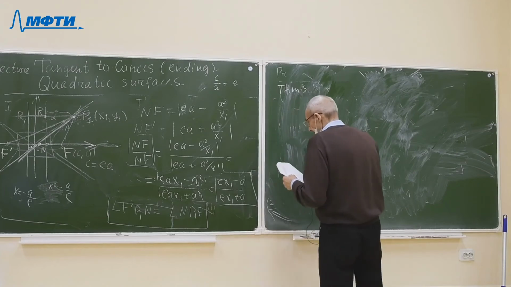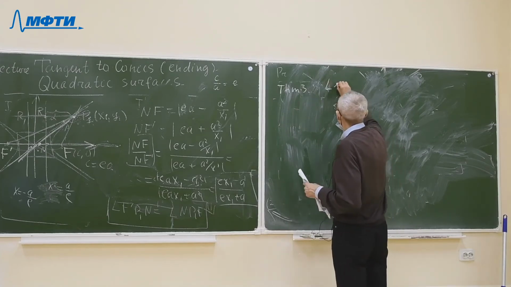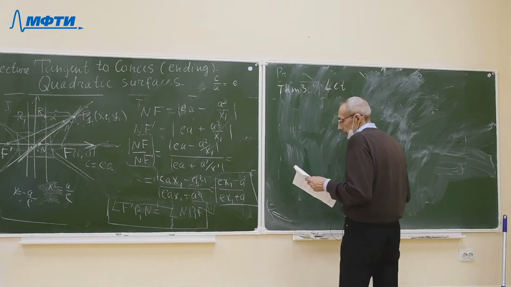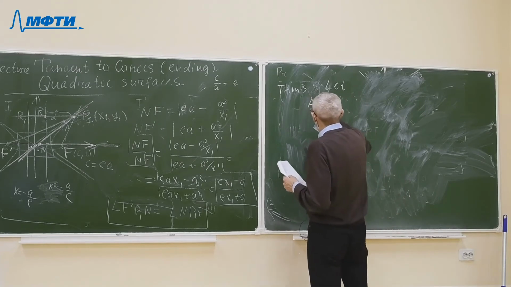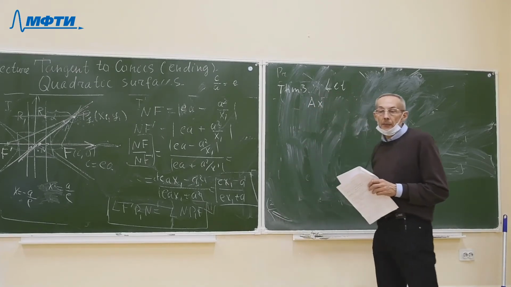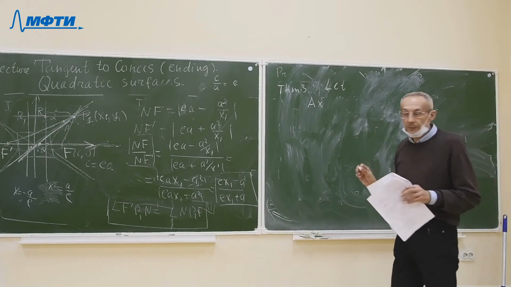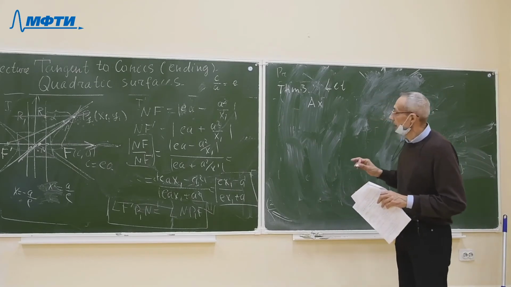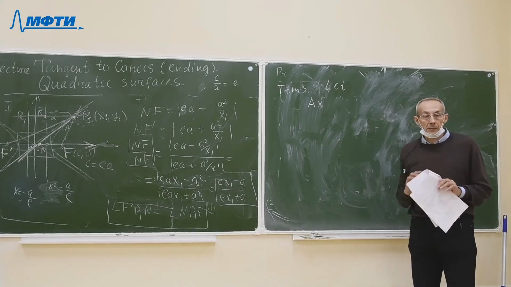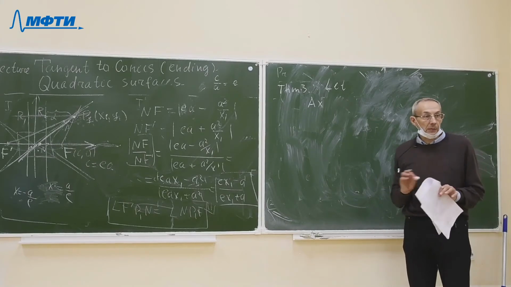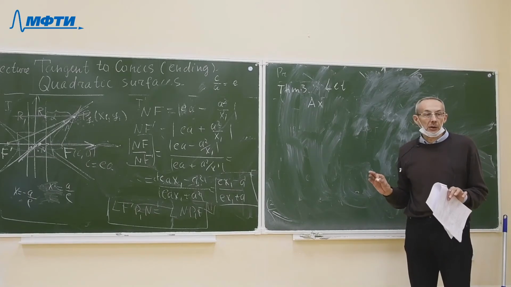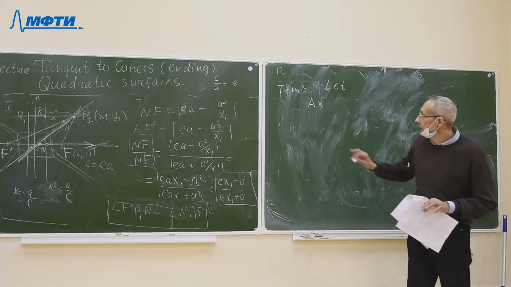Let us have an arbitrary conic in any coordinate system. I recall that the general conic in a general coordinate system has the following equation.